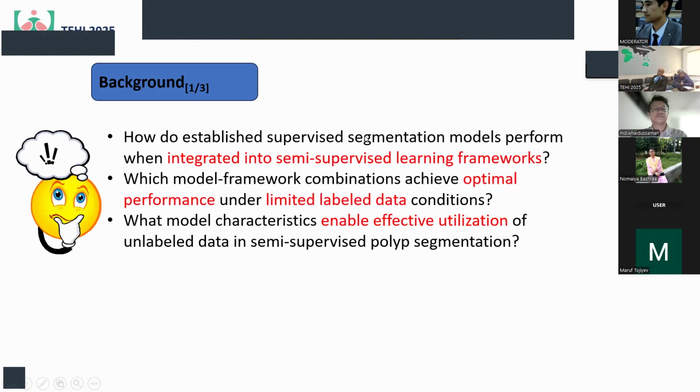There are some questions in our mind: how do established supervised segmentation models perform when integrated into semi-supervised learning frameworks, and which model-framework combinations achieve optimal performance under limited labeled data conditions? To address these questions, the core of our research involved a systematic evaluation of 3 semi-supervised frameworks and 9 different segmentation models to identify the best combinations for reliable, low annotation, cost-efficient polyp segmentation.